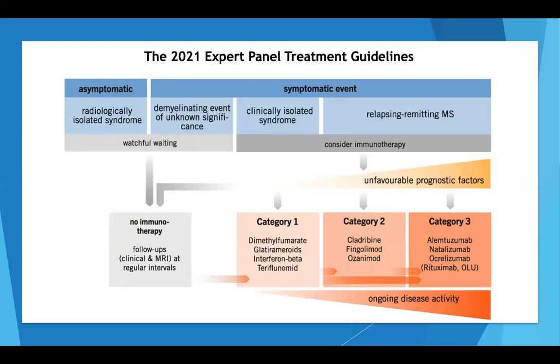Everyone else will undergo watchful waiting and regular follow-ups. Patients that will receive immunotherapy can receive a medication from one of the three categories that we see on this table. The decision to use medication from a specific category depends on disease progression and the number of unfavorable prognostic factors.